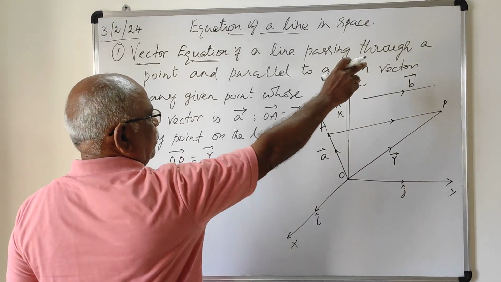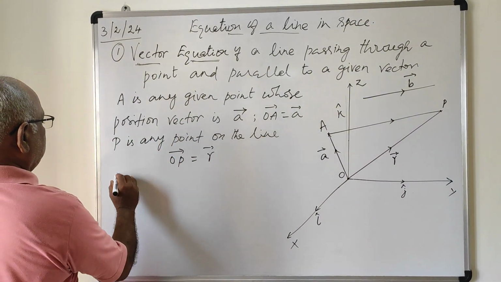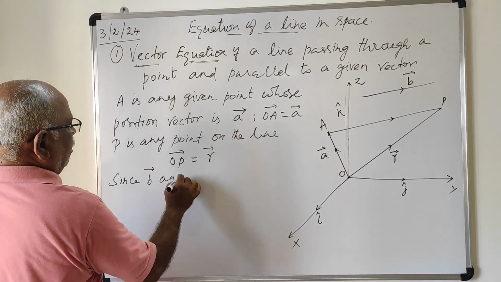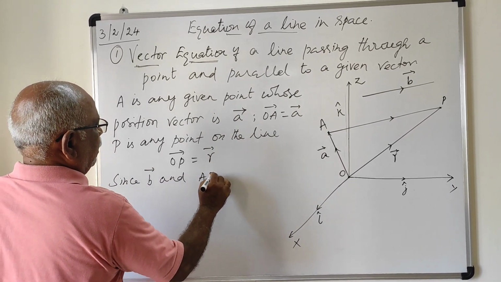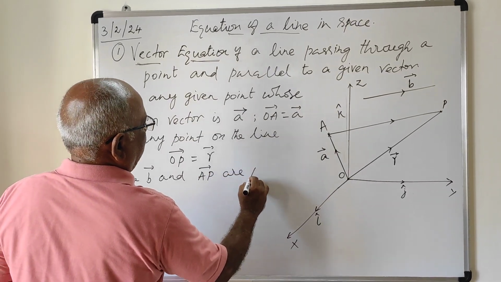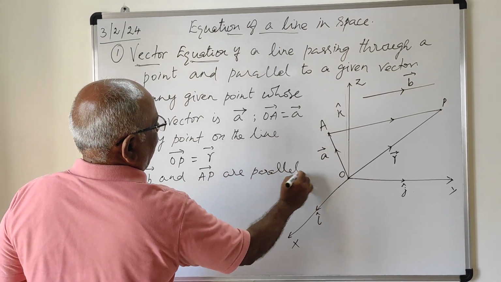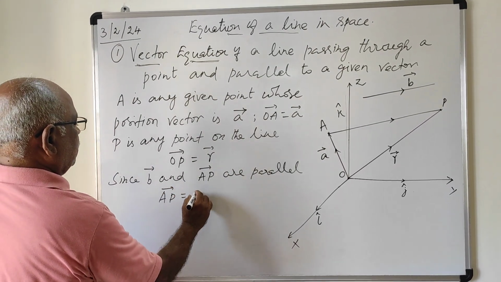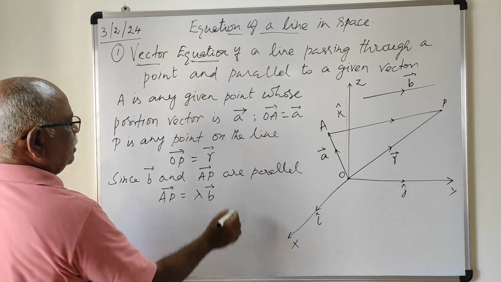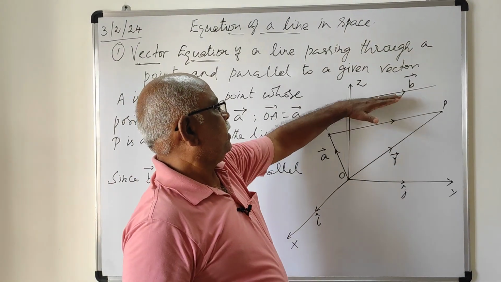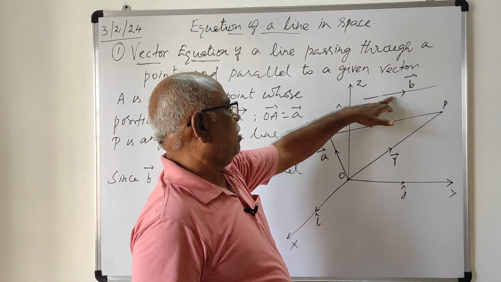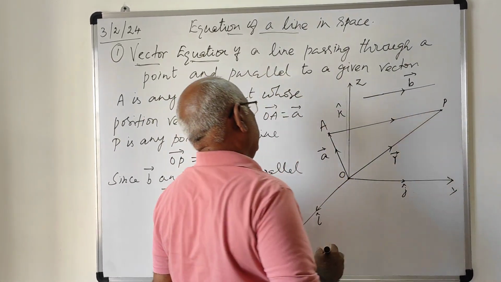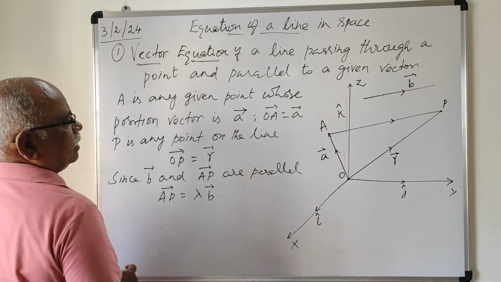Since AP and vector b are parallel, by the condition of parallelism, vector AP is some scalar times vector b, that is, lambda times b.